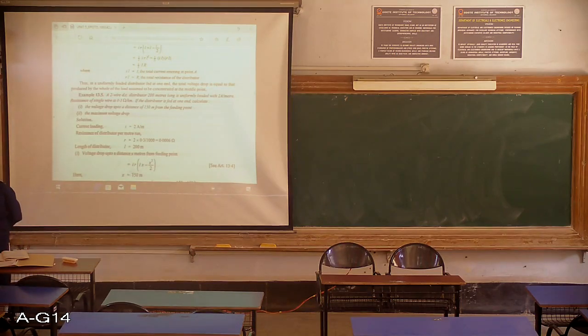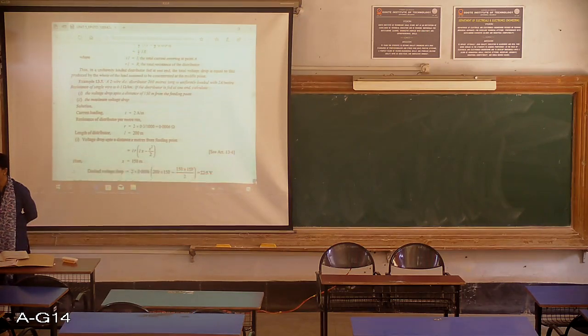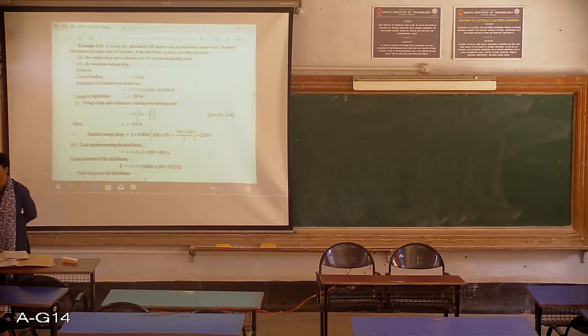You know the expression, it is i r into Lx minus x square by 2. You substitute, very simple, x equal to 150 meters. You will get the answer as 22.5. Then they want the maximum voltage drop. It is half into I into R. I need to know capital I and capital R. Capital I is i into L, 2 into 200, you will get 400 amperes.